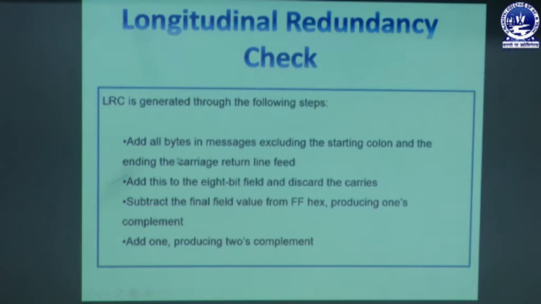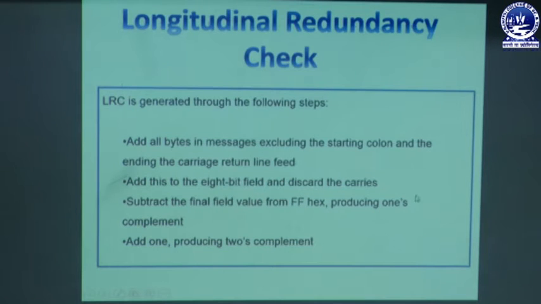That means, first of all, we have to add all the bytes of the message, excluding the starting colon and the carriage return that has been added to the end of the message. After getting the addition of all the bytes, we have to discard the carries and get the 8 bit field. Next, we subtract the final field value from the 8 bit field which we have collected.